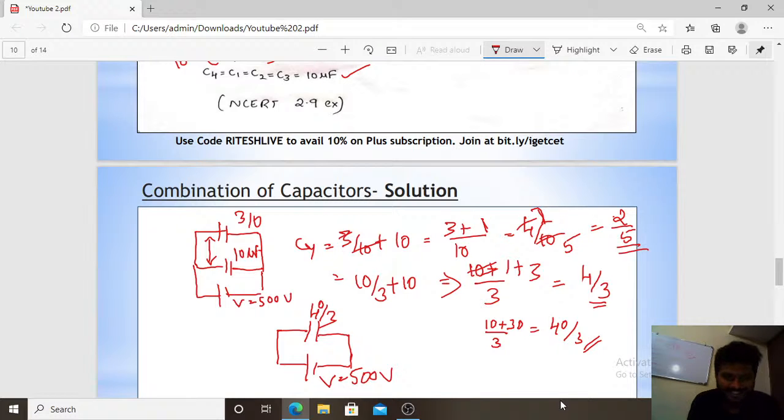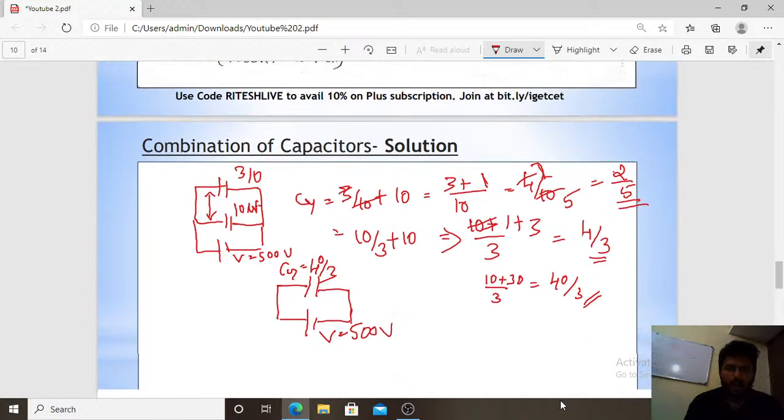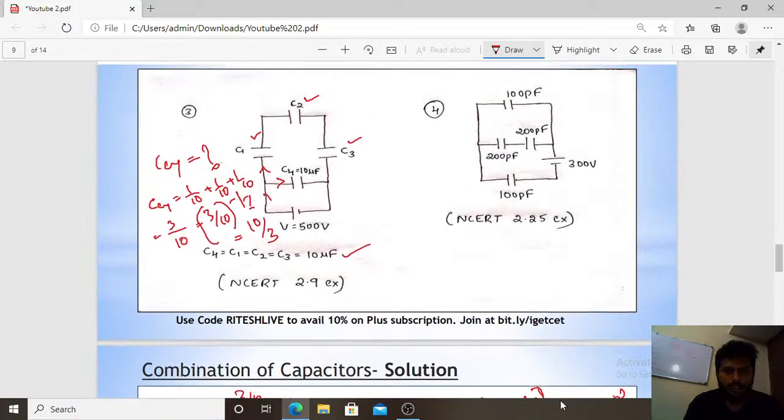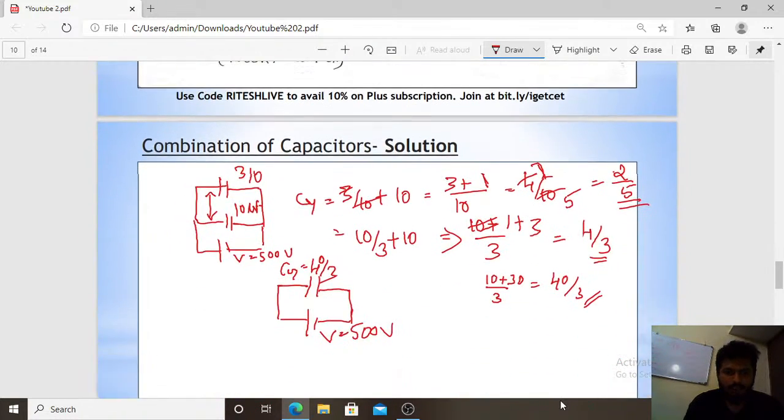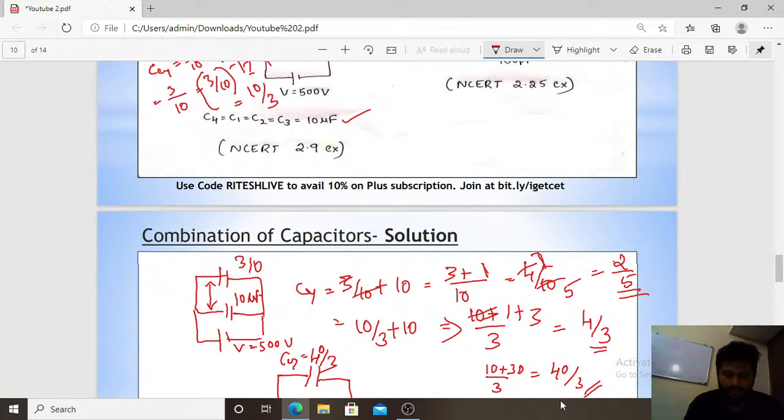Okay, so this is the C equivalent. Super. And then what about the answer? So C equivalent anyhow we will go and get every time. Now I need to get a value of charge on each capacitor. So please.